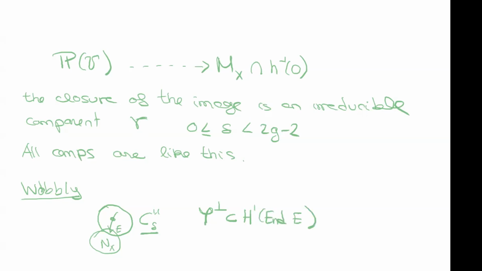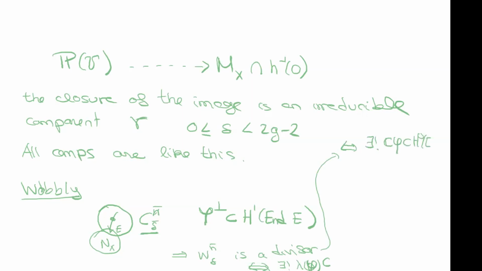So in this way, one can prove very easily that the corresponding wobbly set, say, to that component is a divisor if and only if there exists a unique line of Higgs fields intersecting the corresponding component.